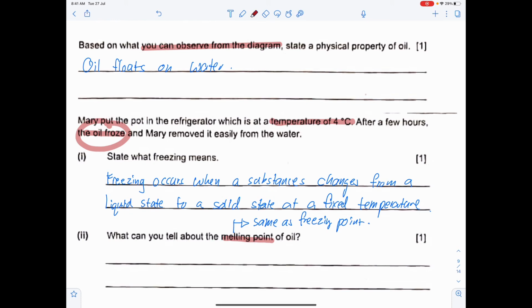Now, whenever you have an experiment and they show you two diagrams, before and after, you always compare. What you want to do is compare the two to see what is the difference. So obviously the difference in this case is the mass that is reflected on the weighing scale, on the electronic balance.